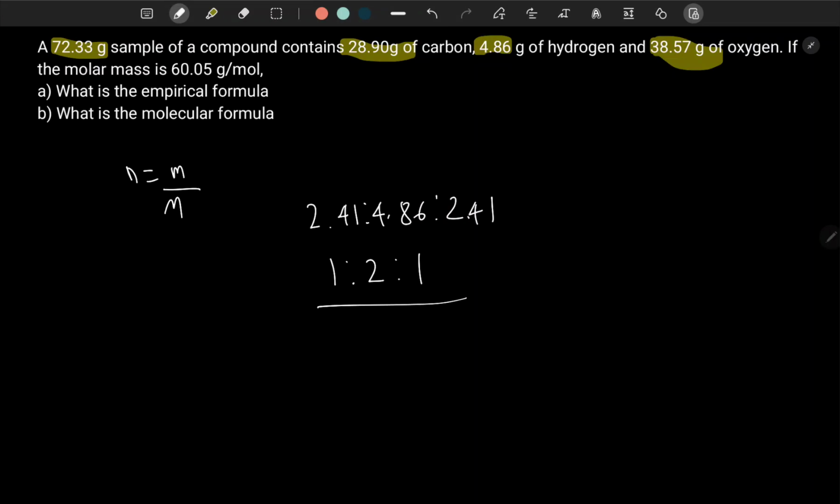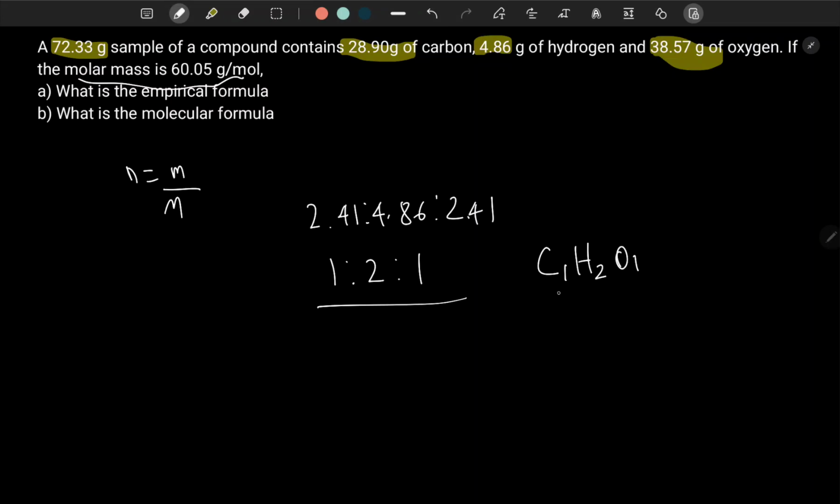In part B now, they are asking us what is the molecular formula for the equation, given that the molar mass is 60.05. If we write this equation now, it's going to be C1 H2 and then O1.